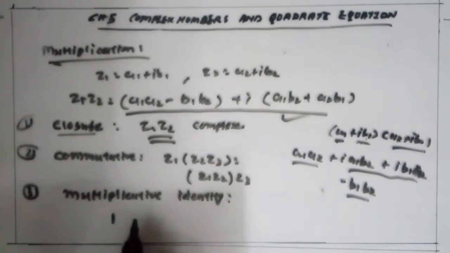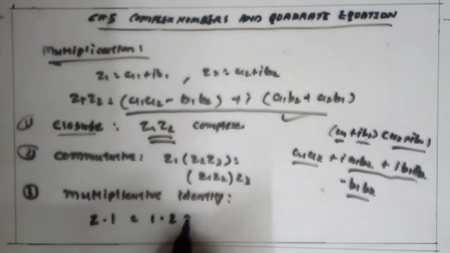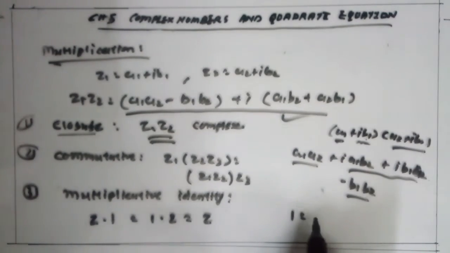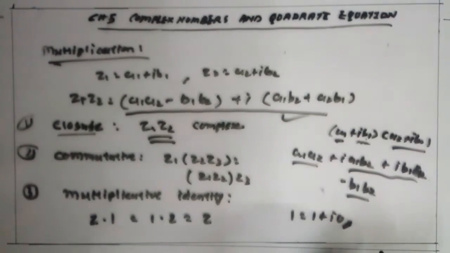One is the multiplicative identity for the complex number z = a + ib. z into 1 is equal to 1 into z is equal to z. Here 1 is the complex number 1 + i into 0. Remember this. So the multiplicative identity is 1.